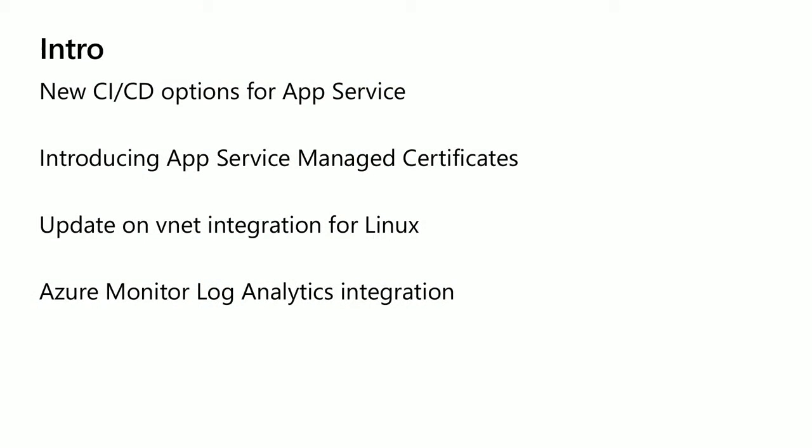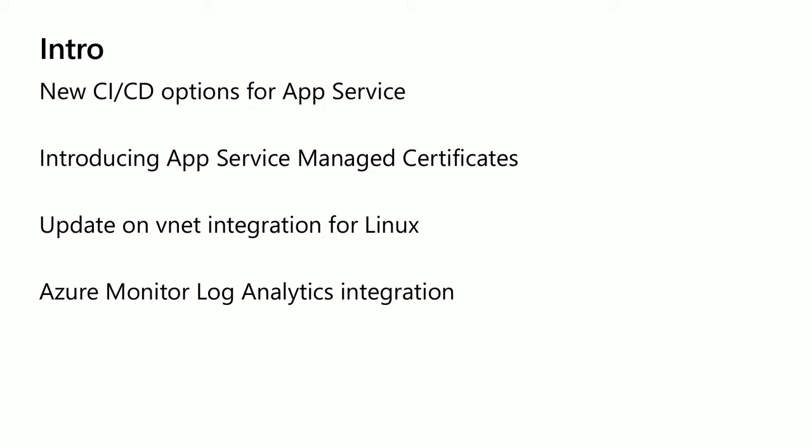So, just to give you a quick overview of what I'm going to talk to all of you about today, I'm going to walk through in general how you push code up onto the Linux variation of App Service and slipstream into some of the new things we've introduced over the last couple of weeks. Then we'll switch gears a bit and talk about App Service Managed Certificates, just so that you folks are all aware of it.